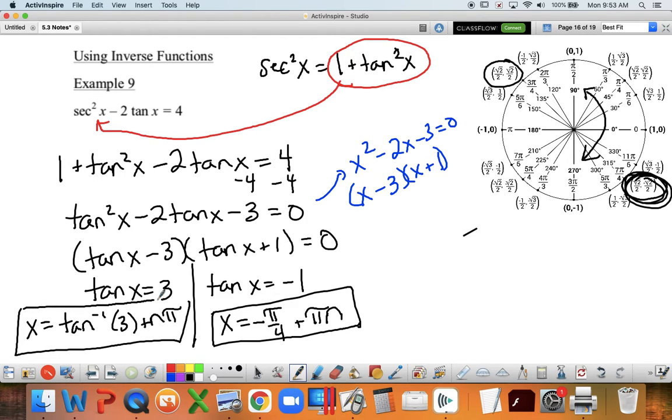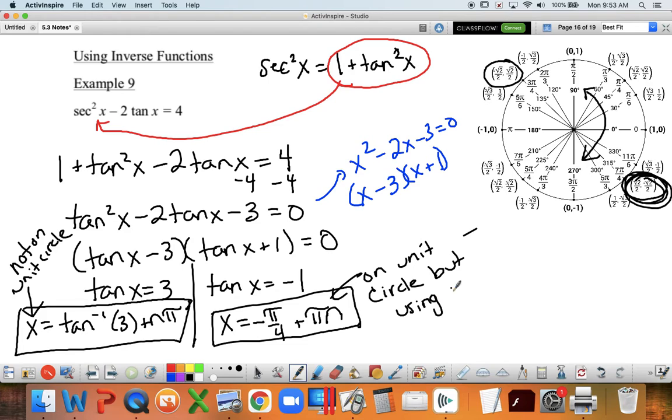And those are our two solutions. This one, not on unit circle. This one on unit circle, but using restrictions.